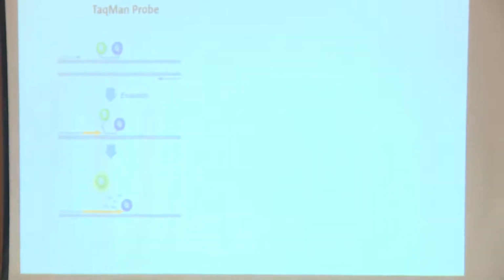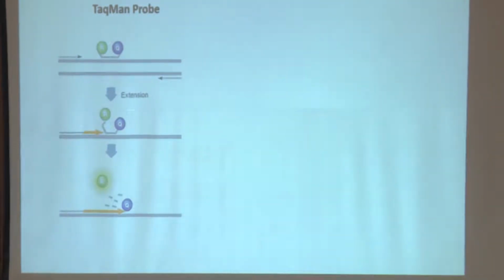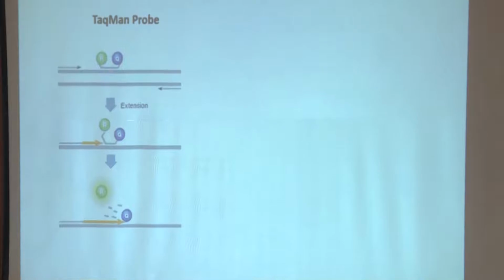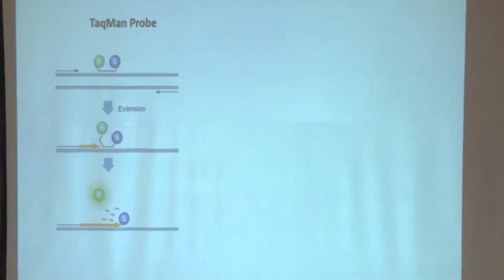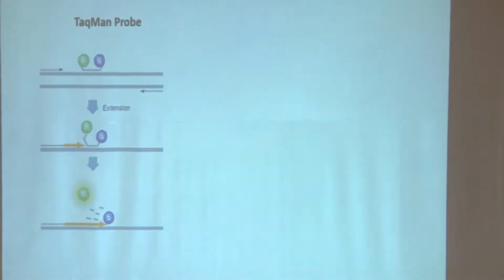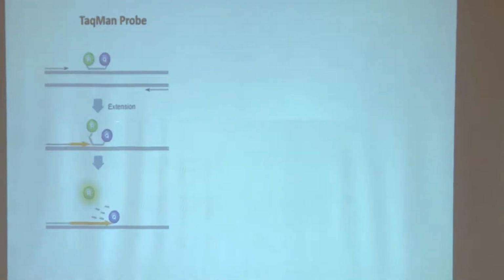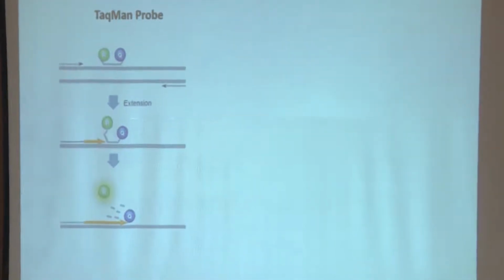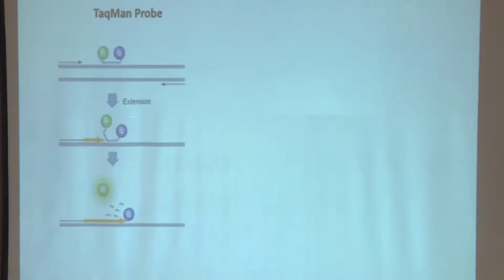So, pay attention here, it is very important. What I put here in the top, R and Q, that is what I told, fluorescently labeled target specific probe. Just have a look, there is a probe, and somewhere on the way this probe is disintegrated, correct?